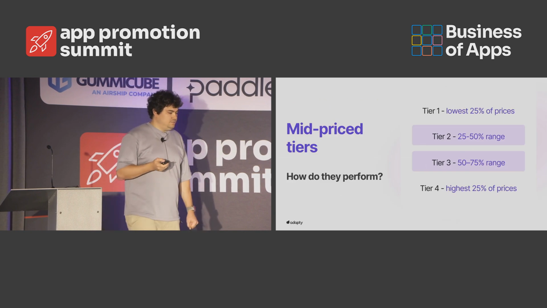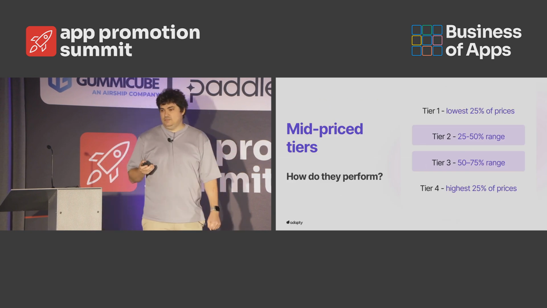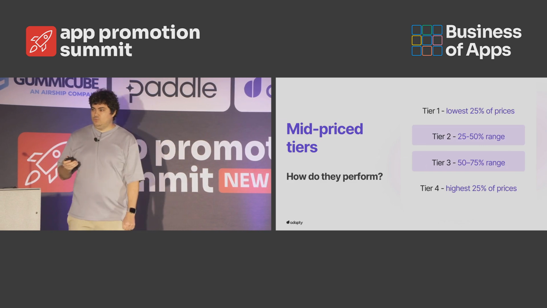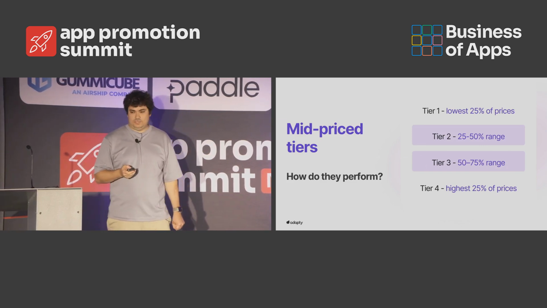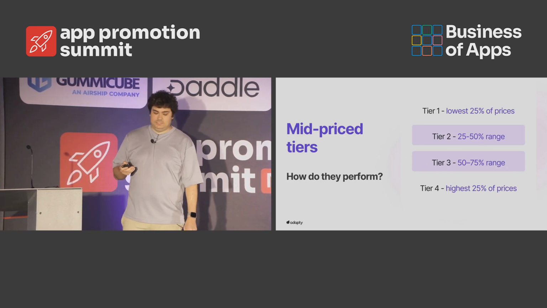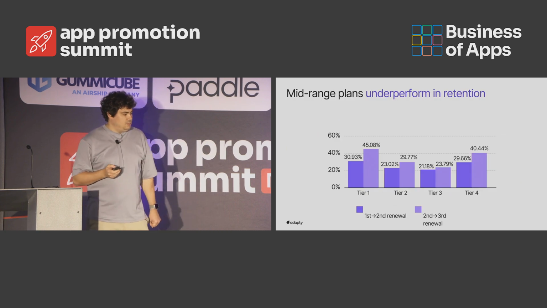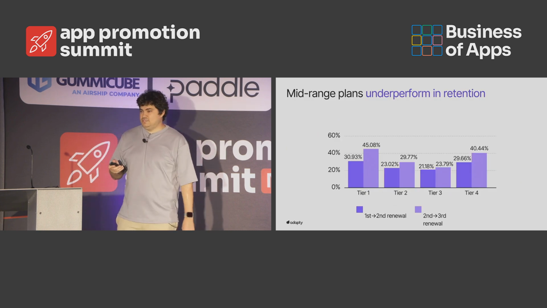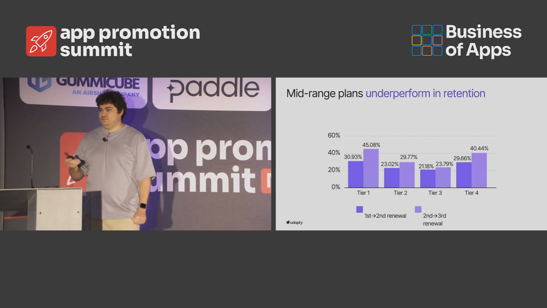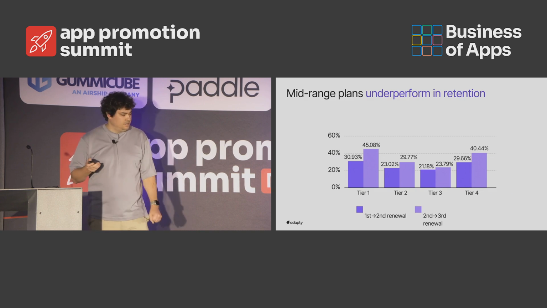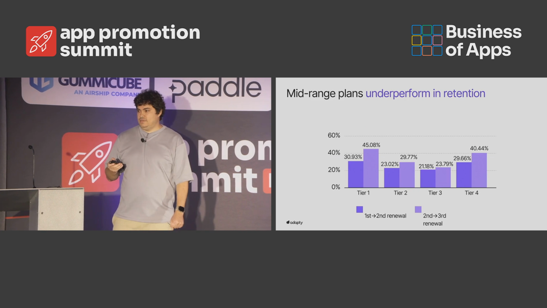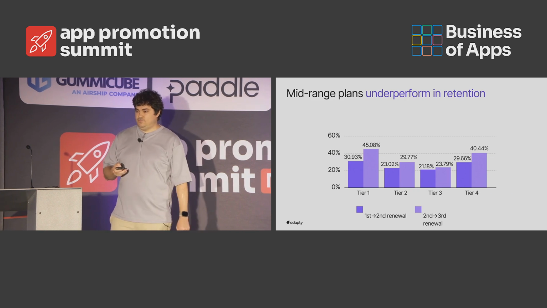The next interesting thing is subscription pricing in general, and we want to talk a little more about mid-priced products. From what we see, mid-priced products, the ones priced 25 to 75% in the market, perform worse than low-priced or high-priced products.